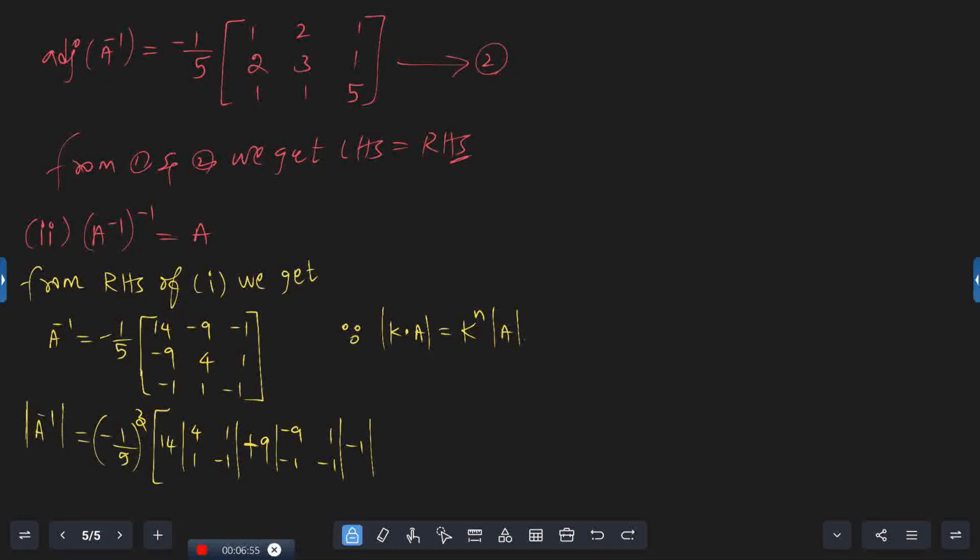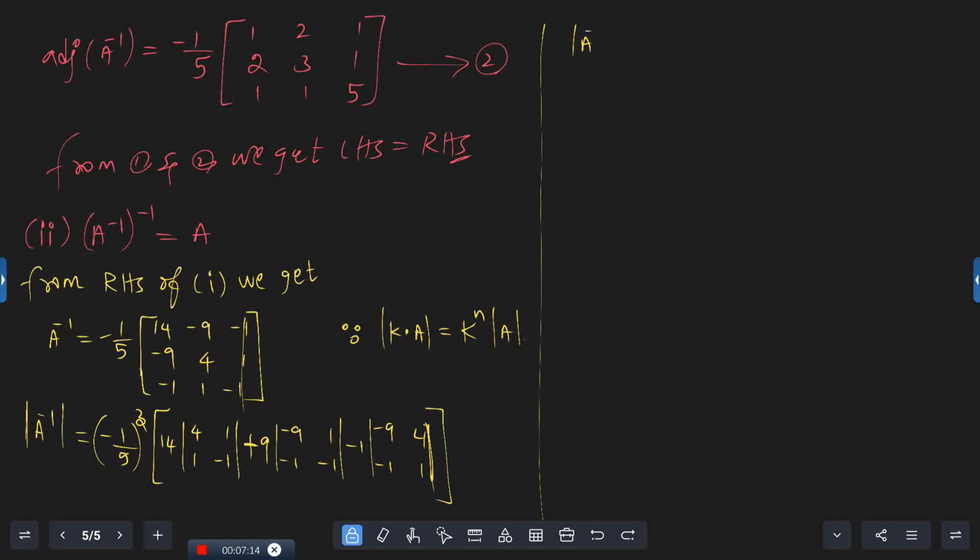Next minus 1 into, striking out its row and column, minus 9 4 minus 1 1. Sorry, the determinant symbol. So that's it. If you simplify this, you will be getting the determinant of A inverse.